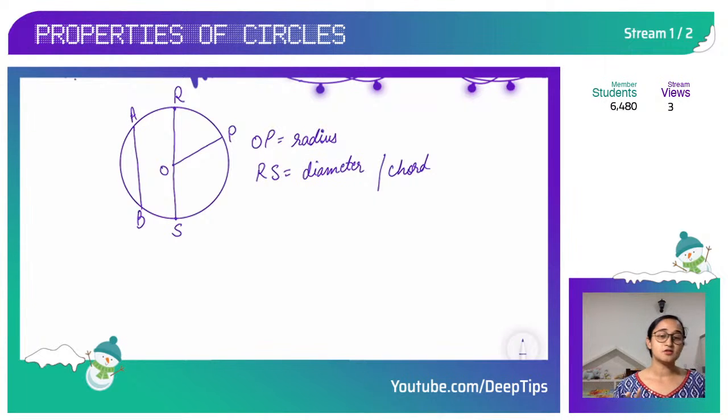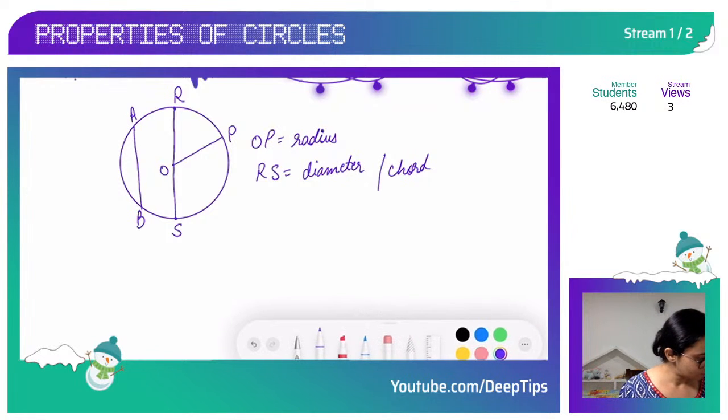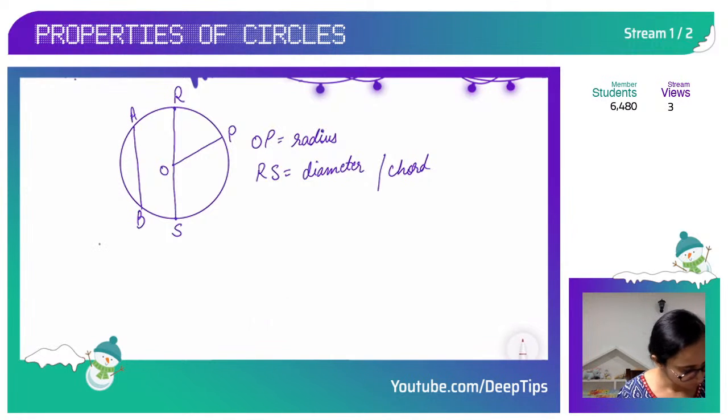Now, when I talk about chord, another thing comes to my mind. That is segment, right? The area bounded by a chord and the arc of the circle gives me a segment. I'll change the color to make it clear. Now, if you look here, this AB is the minor arc, the smaller arc, okay?